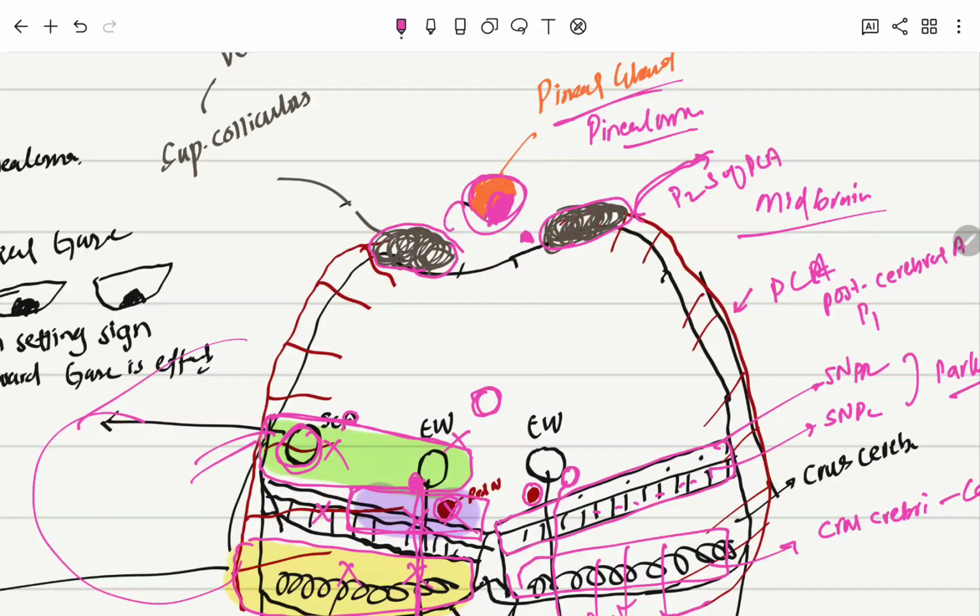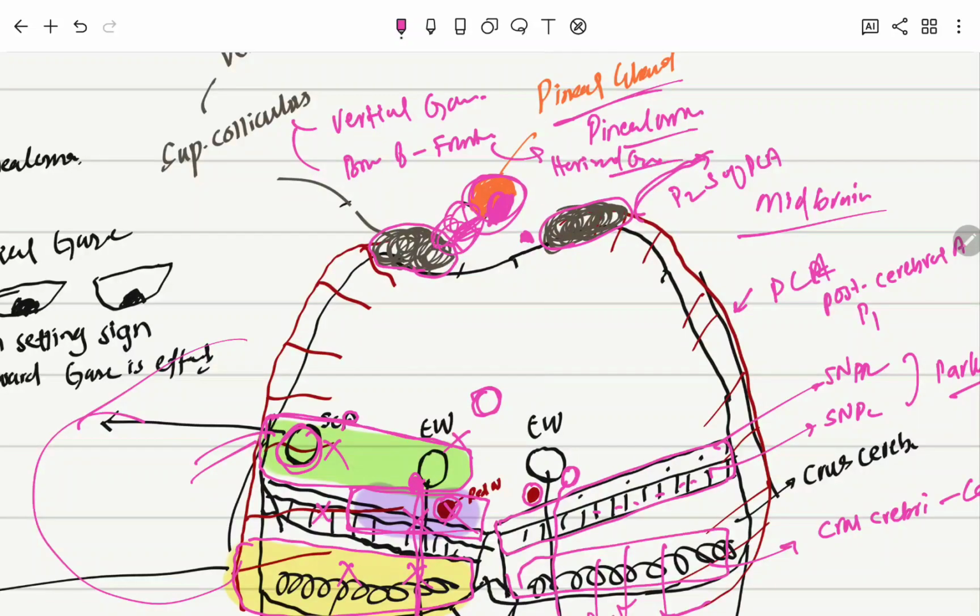When there's pinealoma, it is going to erode the superior colliculus, and the superior colliculus is responsible for vertical gaze. For horizontal gaze, as I have discussed, there is Brodmann area 8 in the frontal lobe.